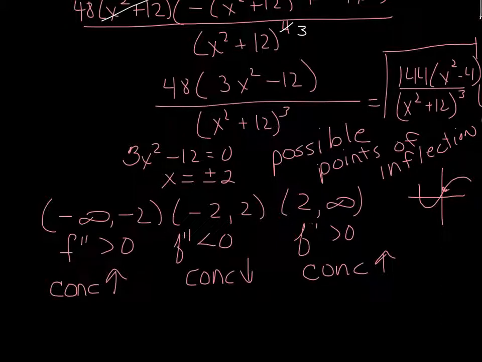It's where concavity changes. So finding points of inflection is like finding maximum. Yes, it is. We go back to the original. So if I want to find my point of inflection, I'm going to plug a negative 2 into the original and a 2 into the original, which is 24 over 16, which is, 4 goes into both of those, 3 halves.